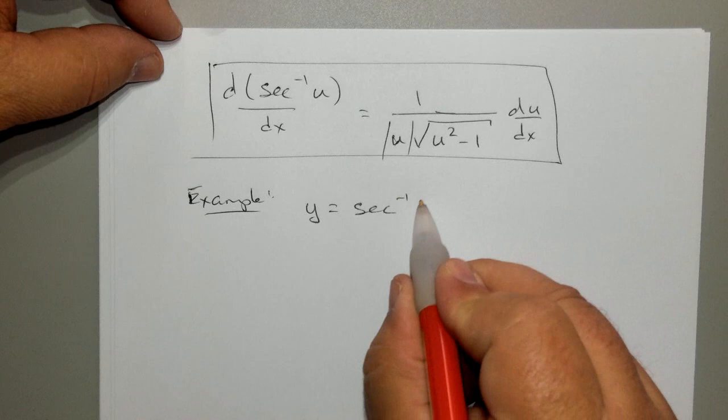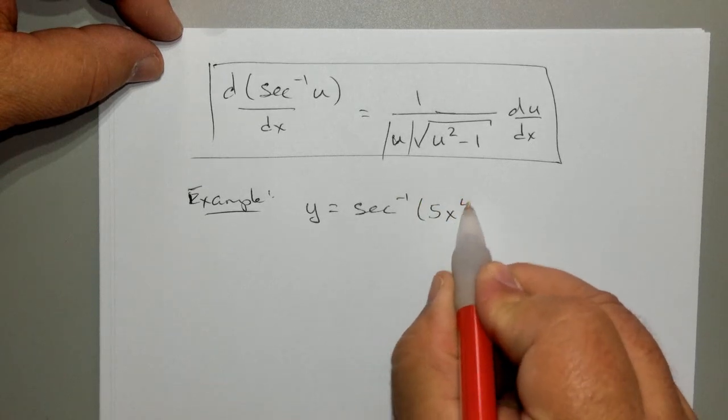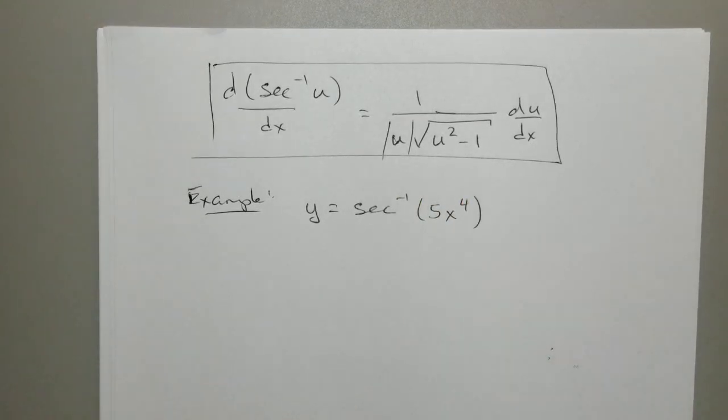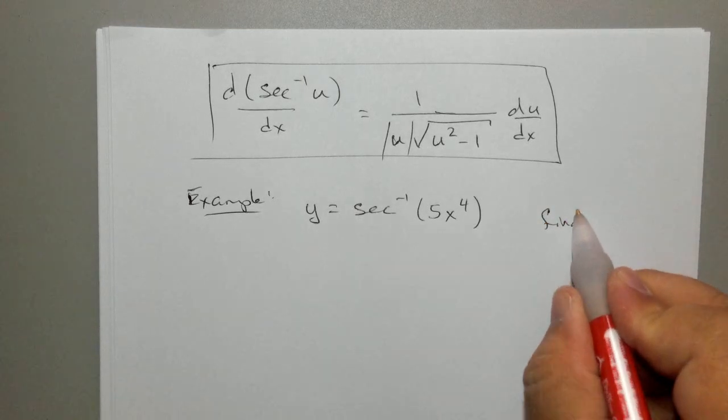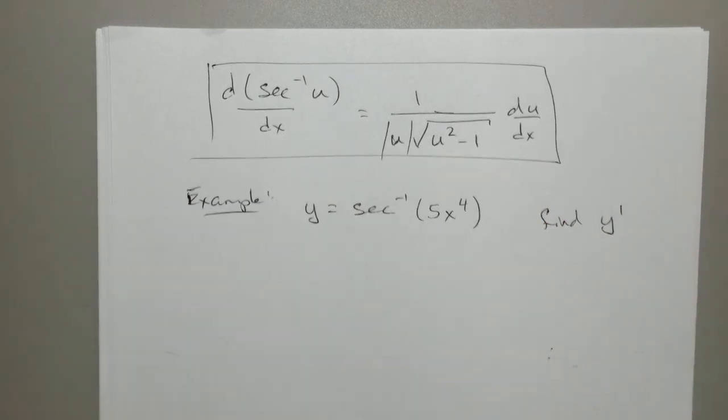Y equals inverse of secant of 5x to the 4th. Find y prime.